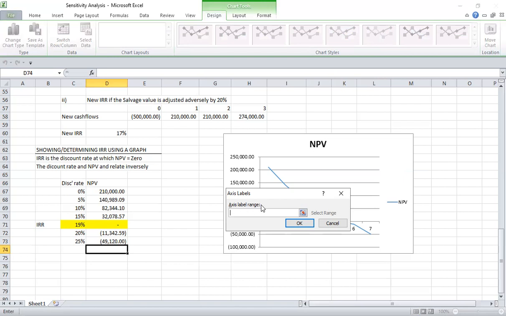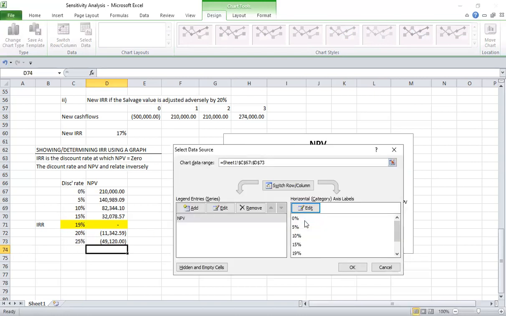The axis label range are the figures you are plotting the NPV against, and those are the percentages. So select all the percentages, 0 to 25, come back and press OK.